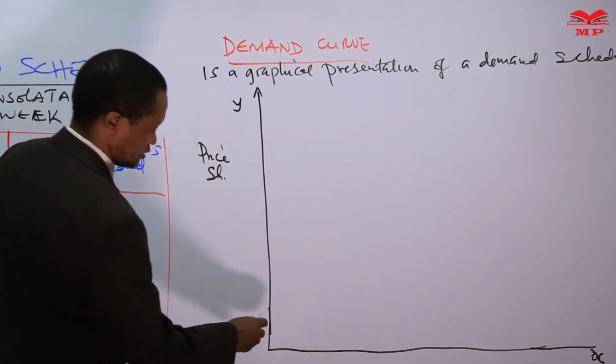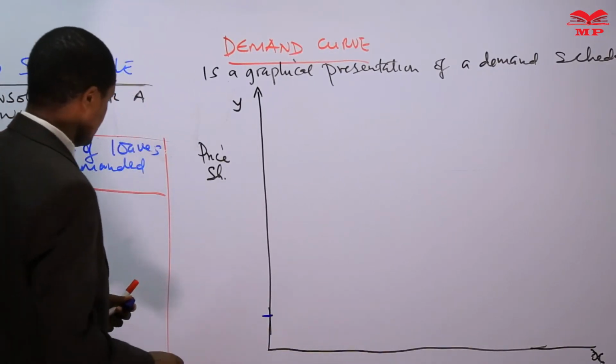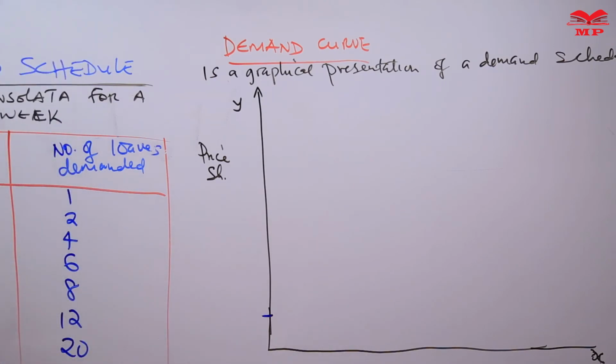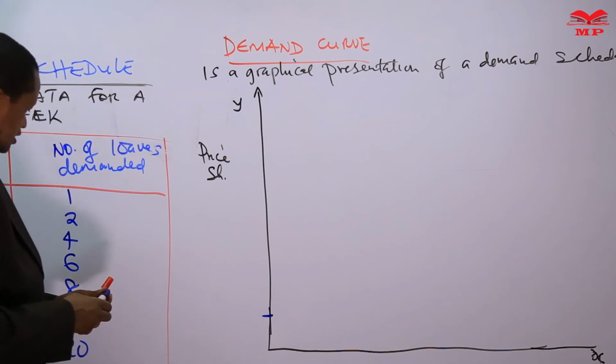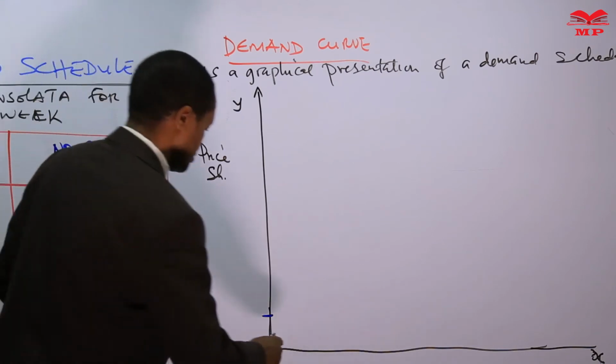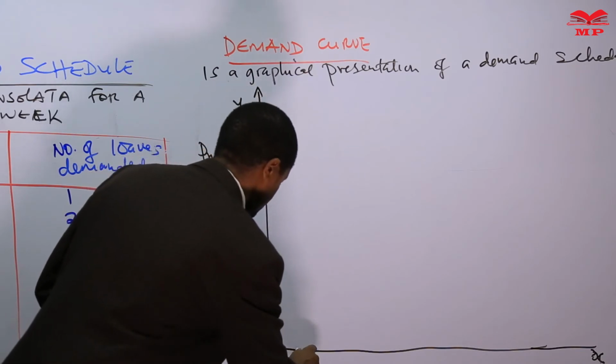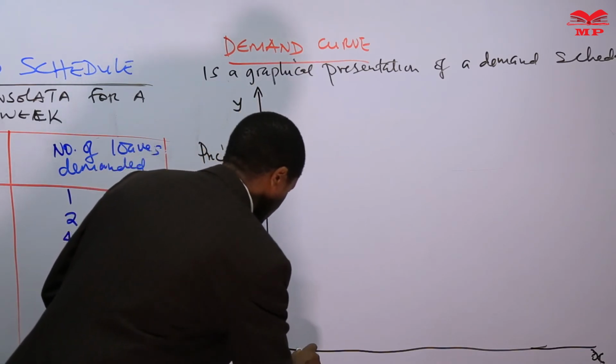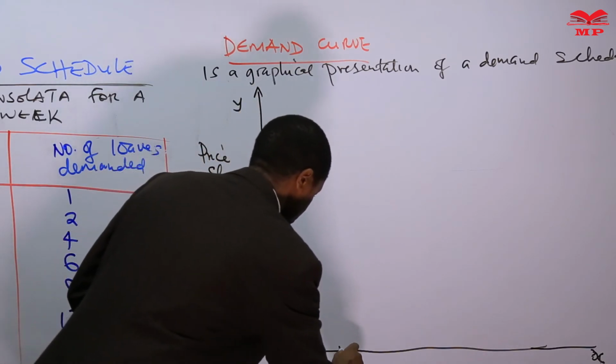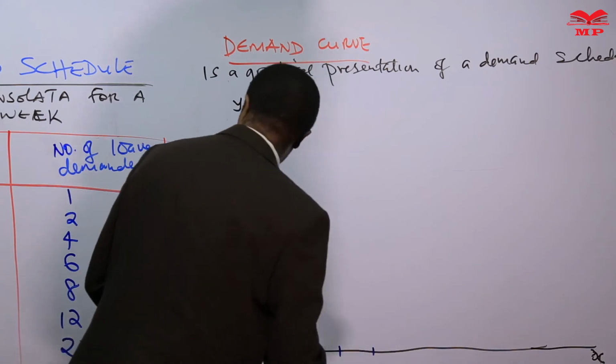So here I can have my key. This is 30. Here I can have loaves. This is 0, 1, 2, 3.